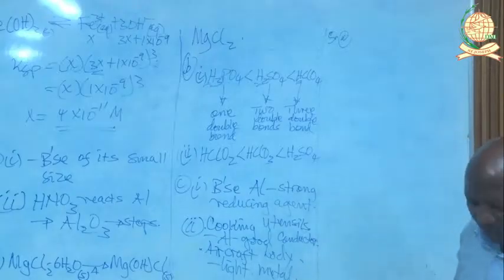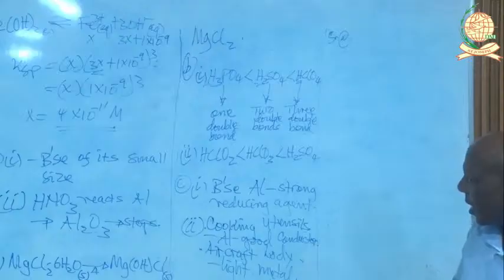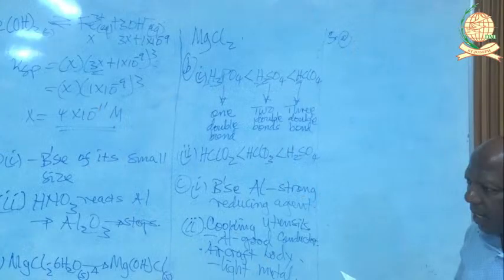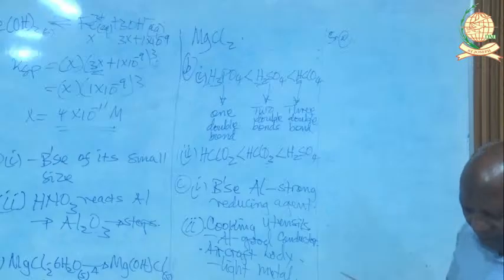There are several factors, but one of these features is their cationic size, as well as the presence of empty orbitals that will be available to accommodate a pair of electrons from ligands.